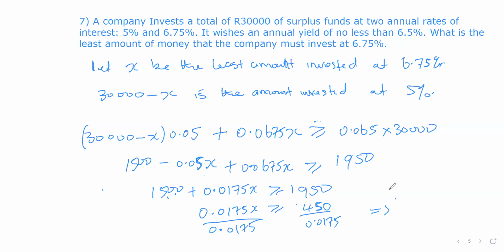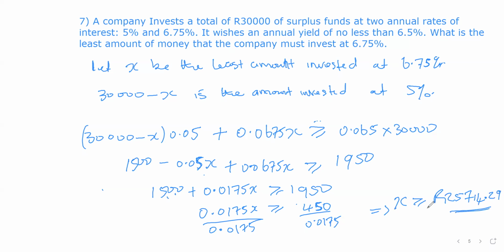So it's actually 450 divided by, not minus, 0.0175. So x should be greater or equal to 25,714.29.